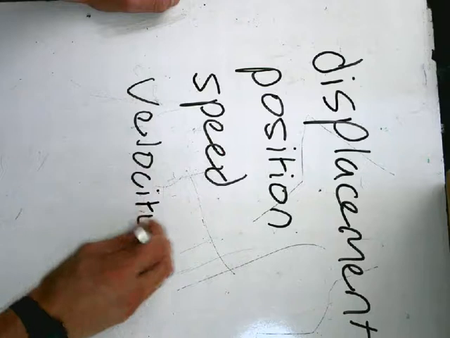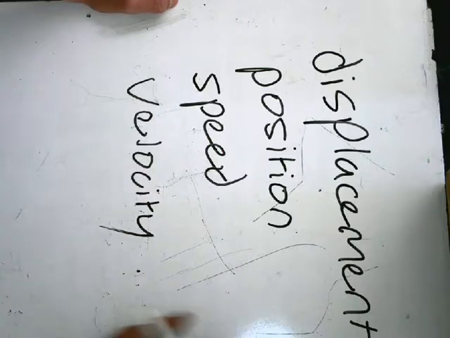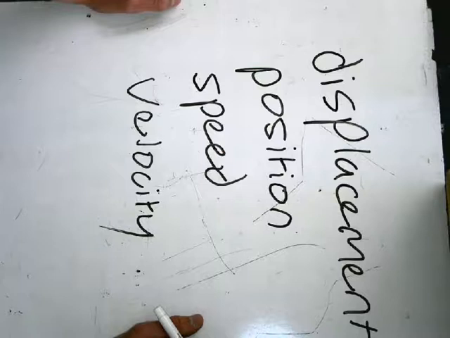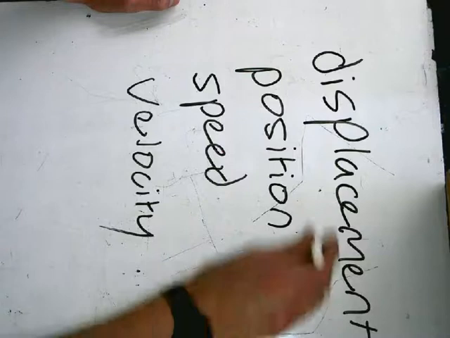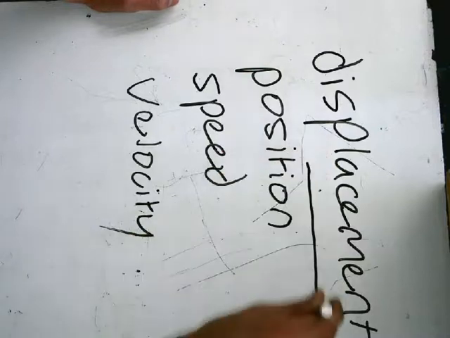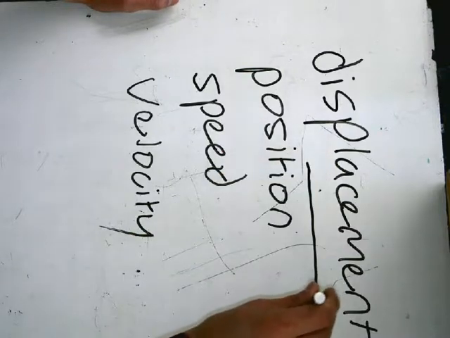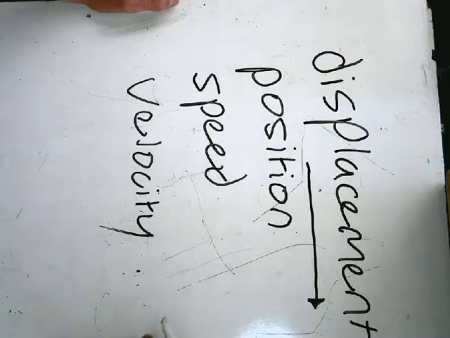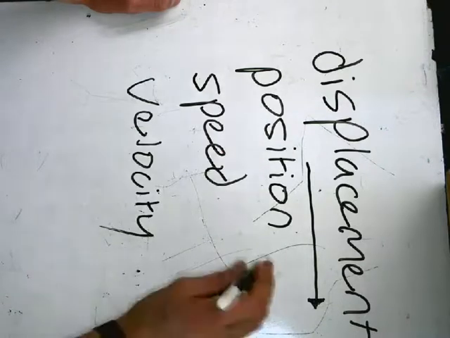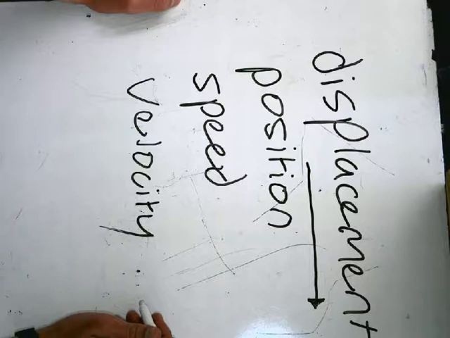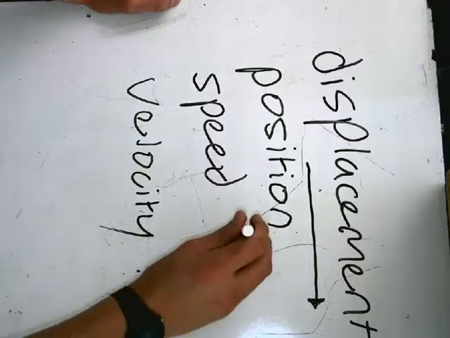So if you're moving a distance, you're moving how far and in what direction. Basically you got displacement. Position is relatively similar, but position is defined in terms of an origin. So if you have an origin, which is your point O, your position is defined in terms of that origin.